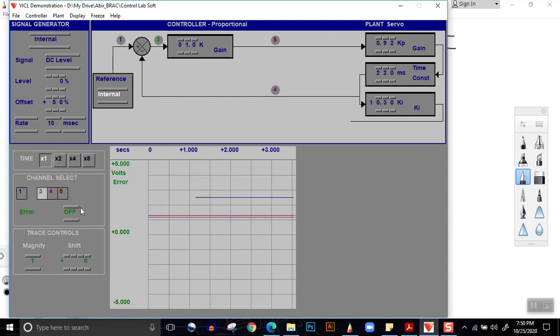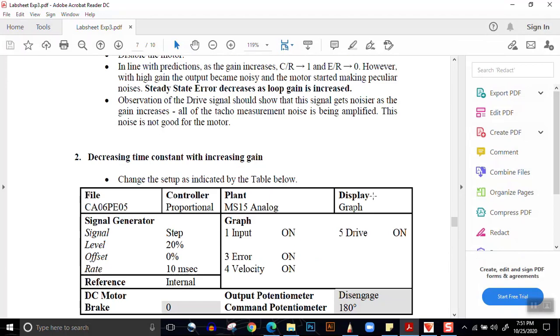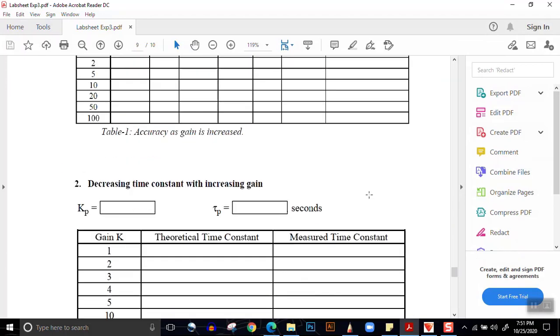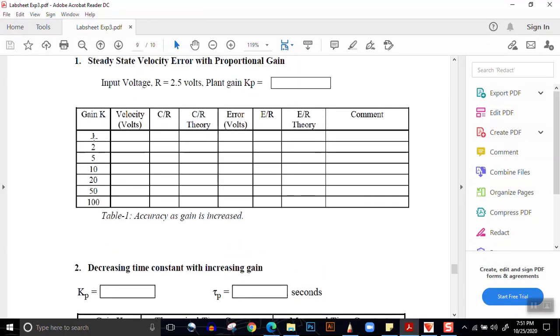Now these curves are there. So what's important is, the first thing that we need to do is look at the data table. We go down and look at the data table. We first make the gain equal to 1.